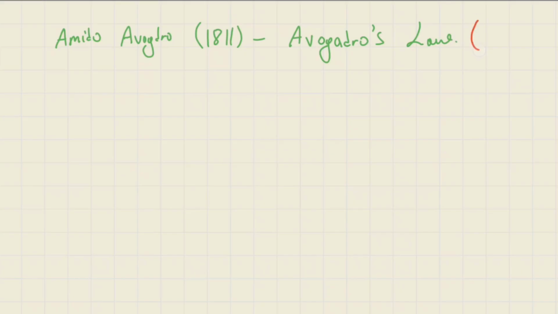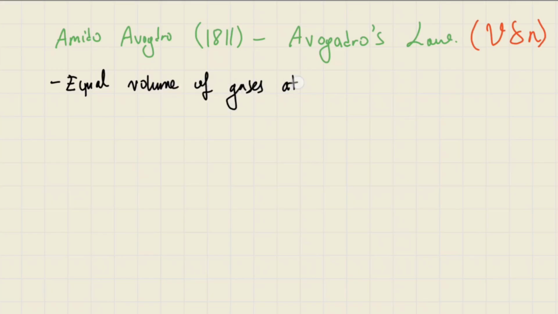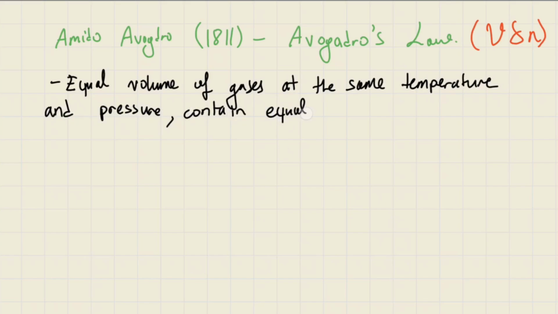This law is related with the volume versus amount of gas. It states that equal volumes of gases at the same temperature and pressure contain an equal number of particles.